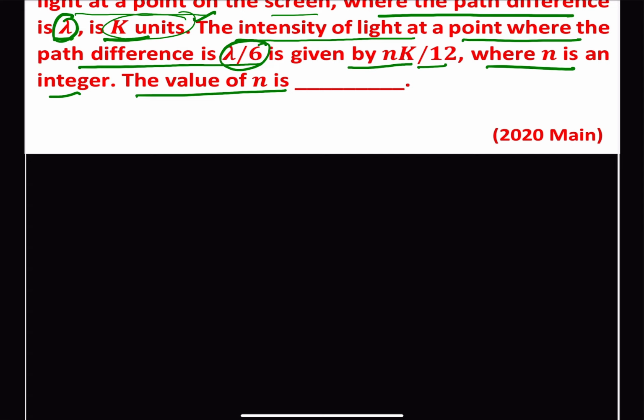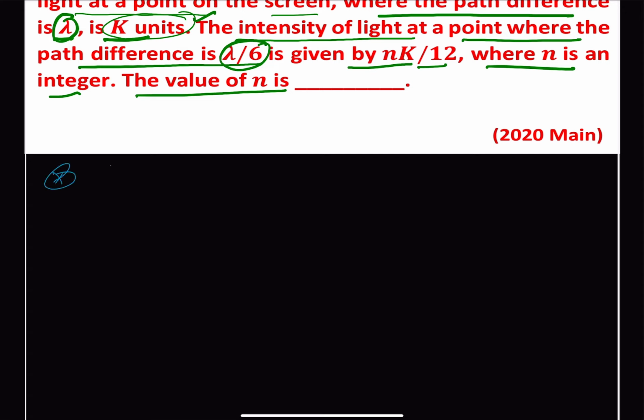So we can use the formula that intensity at any point is given as I equals I naught cos square phi upon 2.